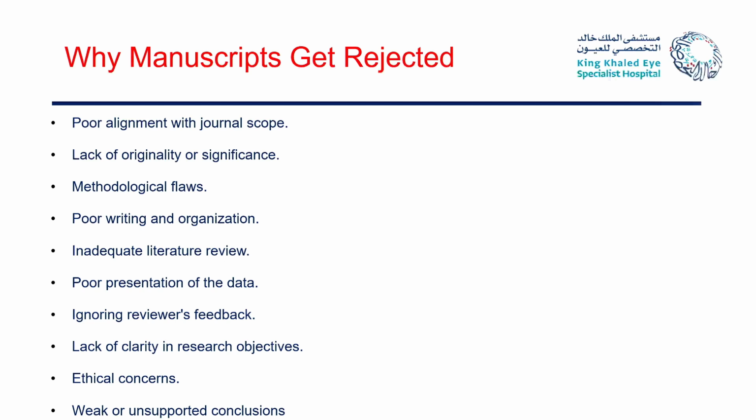Poor writing and organization: the manuscript is not organized, it doesn't read well, and so on. Inadequate literature review. As I said, you have to cover most of the literature. The worst case scenario is that you missed a major article and one of the reviewers picked it up.